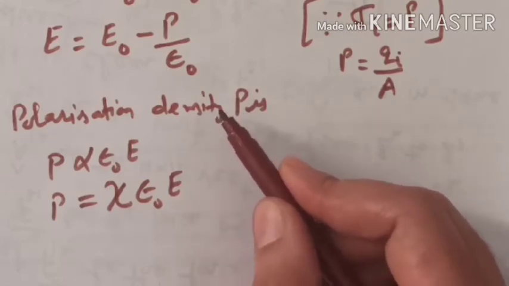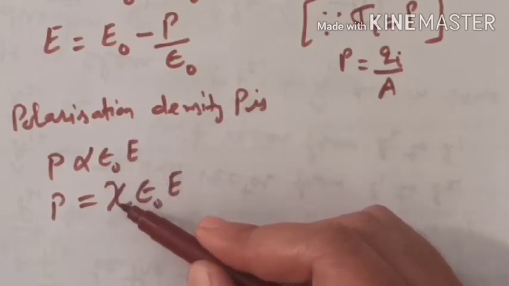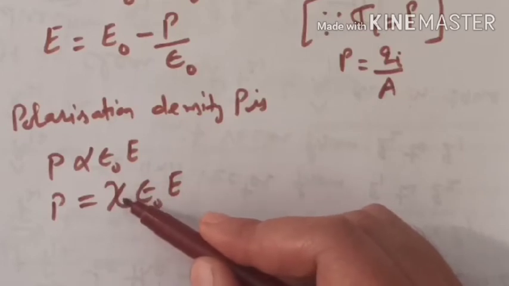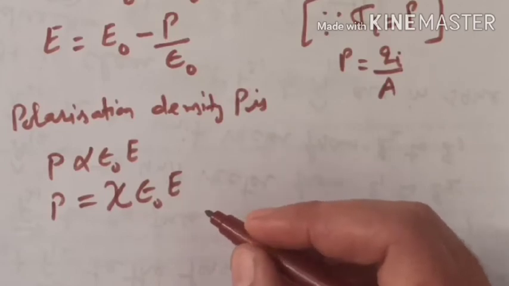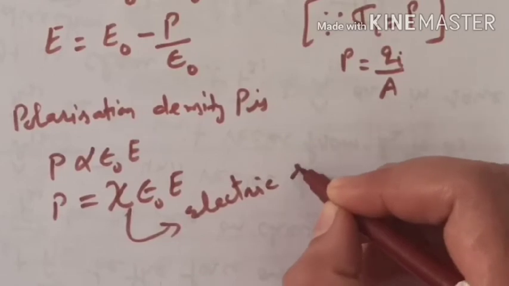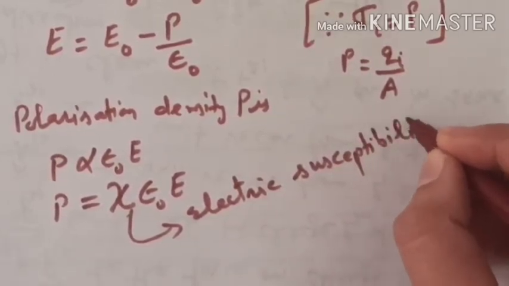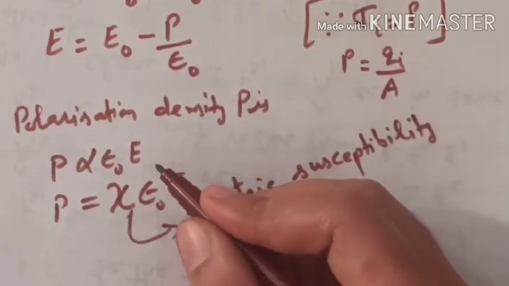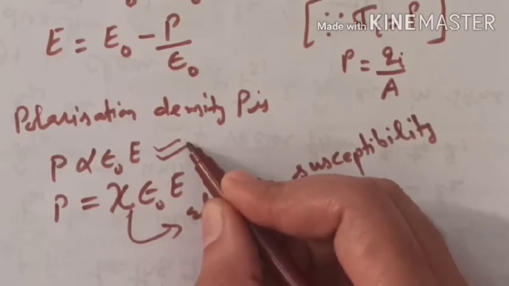So polarization density is directly proportional to applied electric field. We can use here alpha. Also here we can use chi, because in the previous article we used alpha, atomic polarizability, but in this case we use chi. So this is electric susceptibility. You can choose both alpha and chi for this relation. Both are okay.